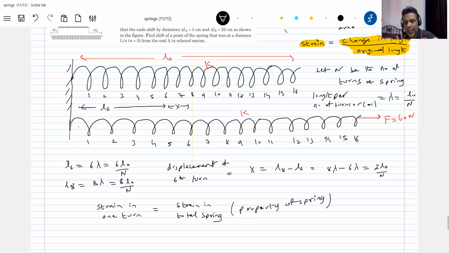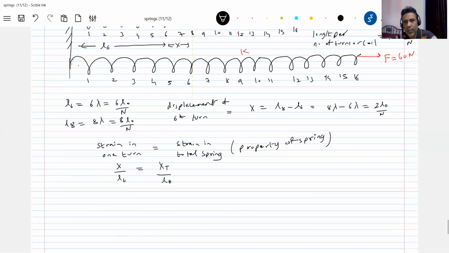So x by L6, shall I write? Strain in one turn, strain in the sixth turn, x by L6 should be equal to strain in total string, total elongation, let it be xt. There should be xt and length is L naught. Okay, let's substitute all the things now.